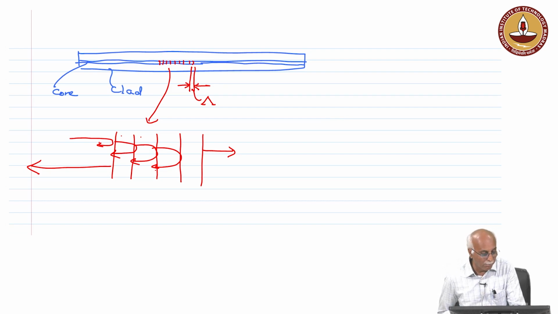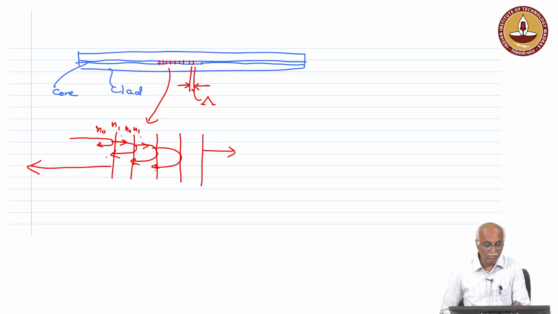Some part of light will get transmitted, some will get reflected at the interface, and again part of that is reflected and part transmitted. Why? Because there is a refractive index change within the core. If the grating period has a refractive index, say n 0 and n 1, then this Fresnel reflection is possible.